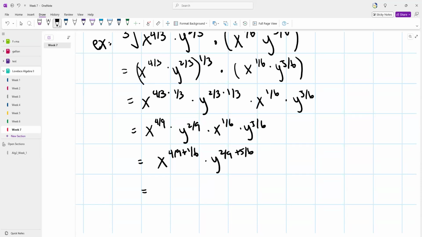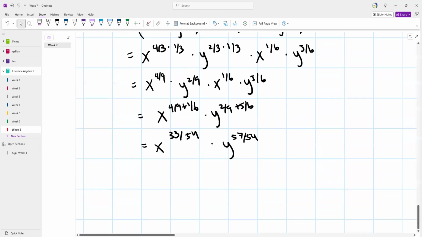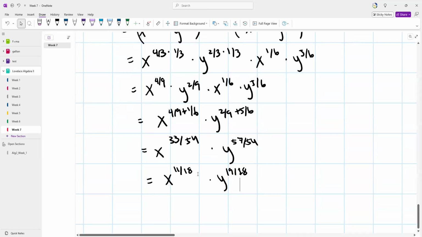And this is just equal to x to the power of, should be 34 over, wait, is it 20? Oh, it's 33 over 54 times y to the power of 57 over 54, right? Okay. And you can simplify this to get x to the power of 11 over 18 times y to the power of 19 over 18. And I believe this is the best you can do.